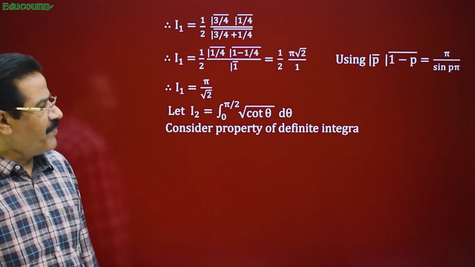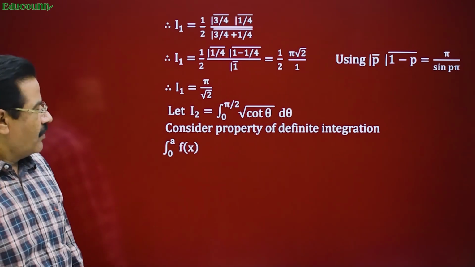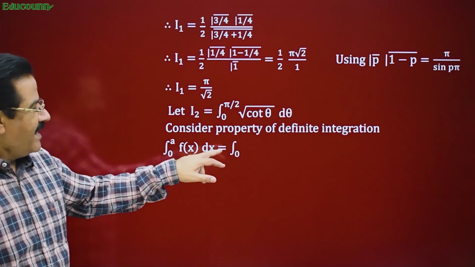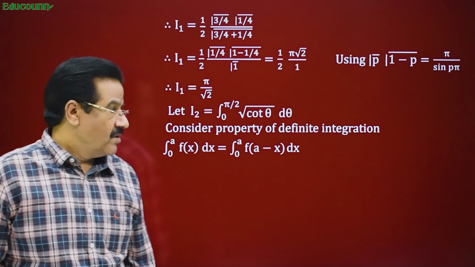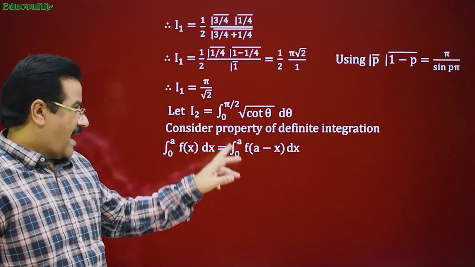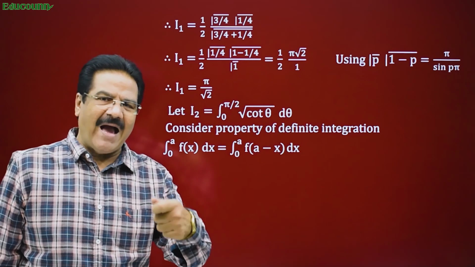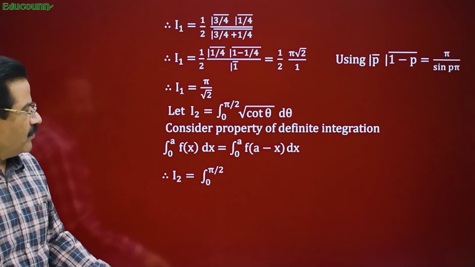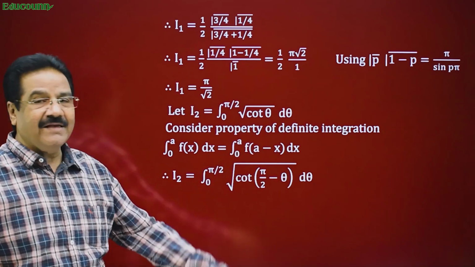Consider the property of definite integration, that is the integral from 0 to a of f of x dx is equal to the integral from 0 to a of f of (a minus x) dx. If we compare with this, a is pi by 2, and therefore we can write this cot as cot of (pi by 2 minus theta) in this manner. So the integral from 0 to pi by 2 of root of cot of (pi by 2 minus theta) d theta.